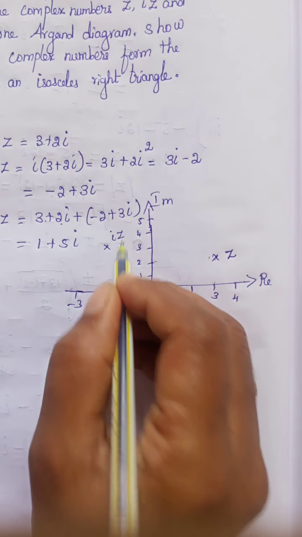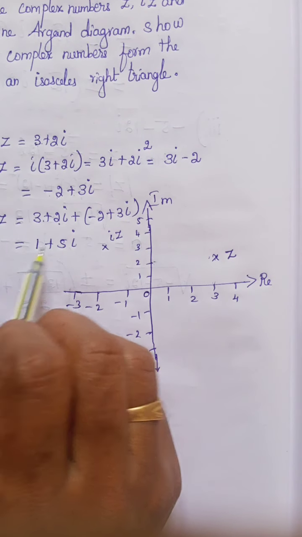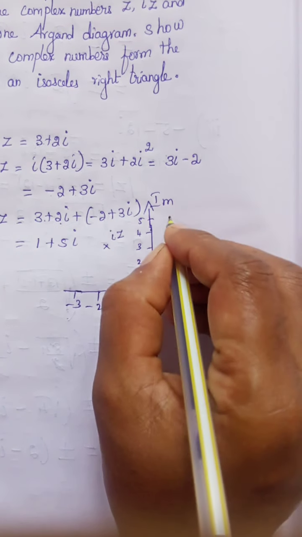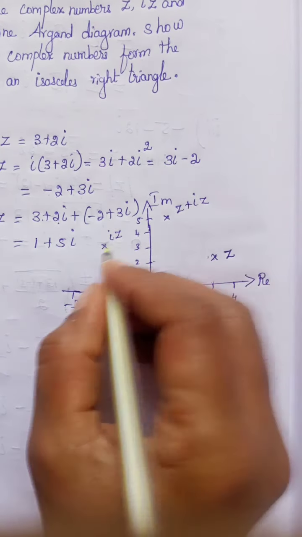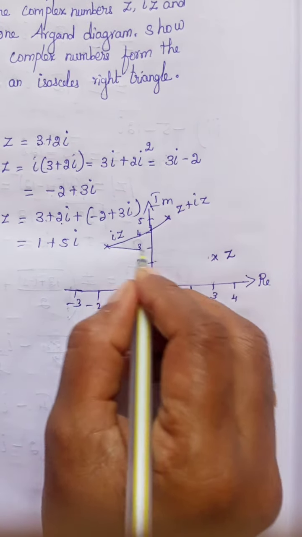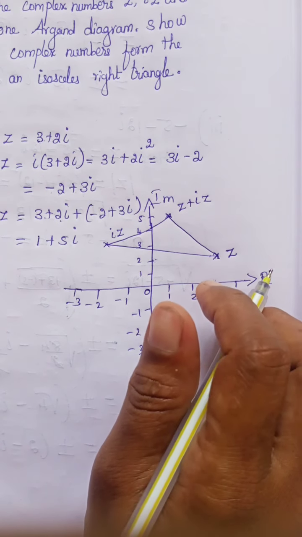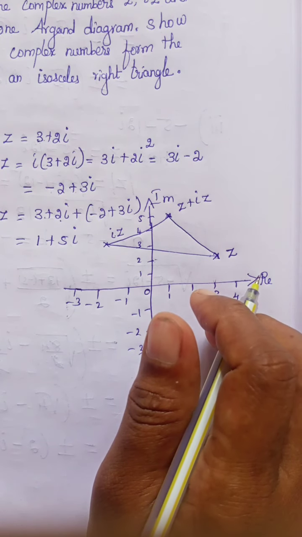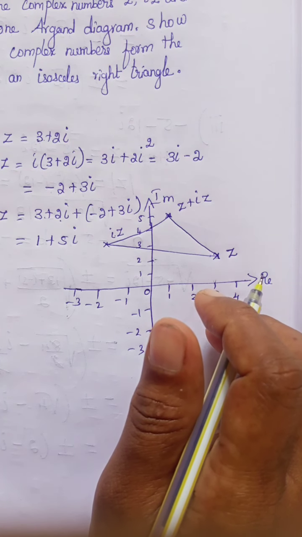This is iZ. Z plus iZ is 1 comma 5. So this is Z plus iZ. Okay, we have represented this in the Argand diagram. So the first part is over.